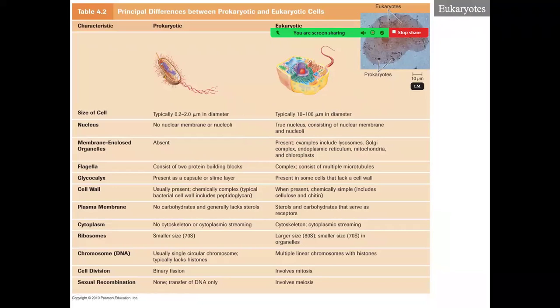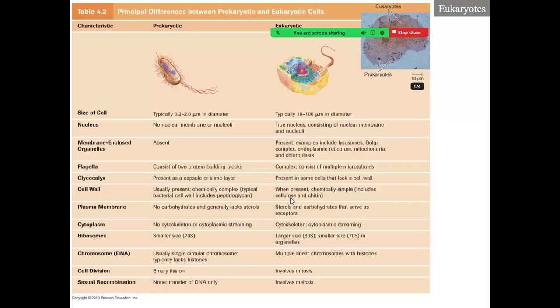There's some difference in the flagella, but I'm not going to talk about it. The glycocalyx is a capsule or a slime layer of a prokaryote cell. There is a glycocalyx in some cells that lack a cell wall, like some animal cells and some protists. The cell wall is chemically complex in the prokaryote cell and is usually present, but there are some prokaryote cells that lack a cell wall.